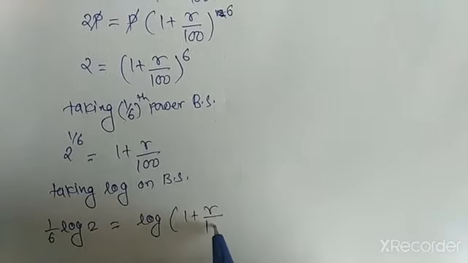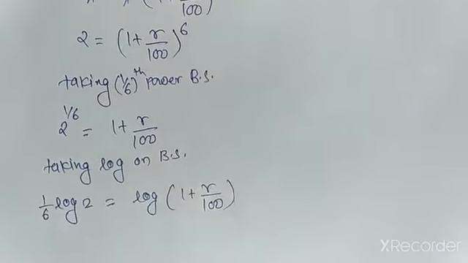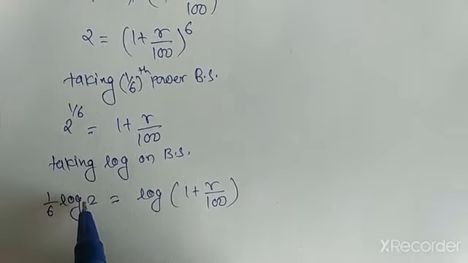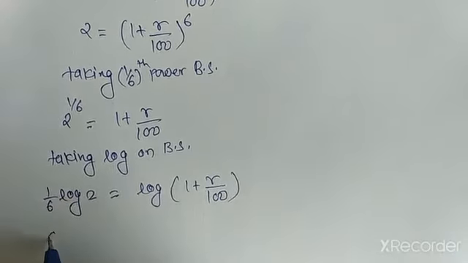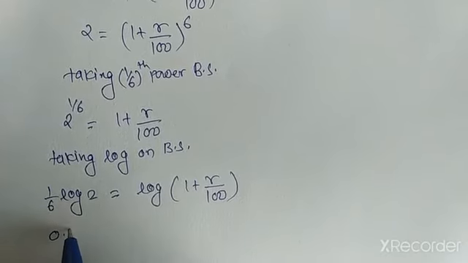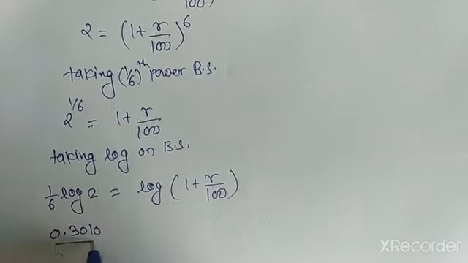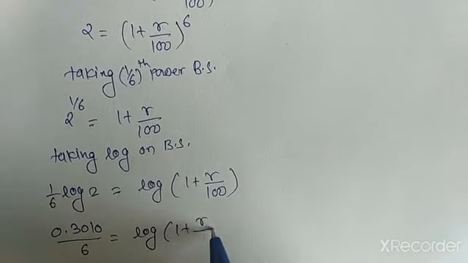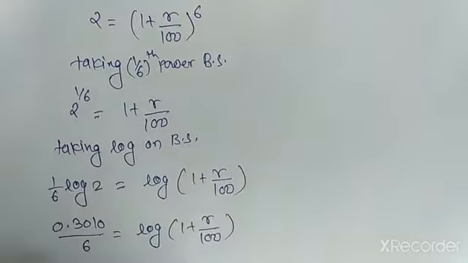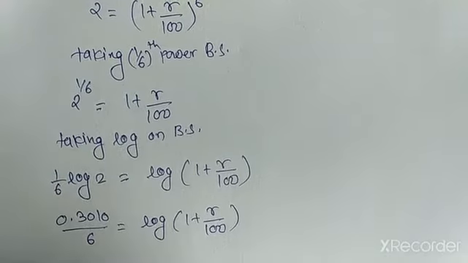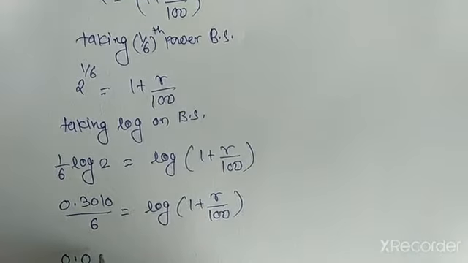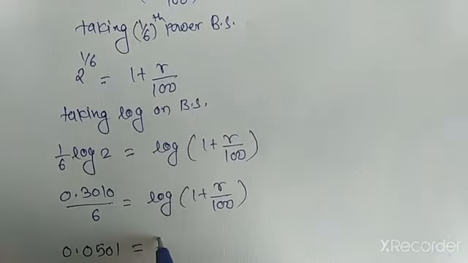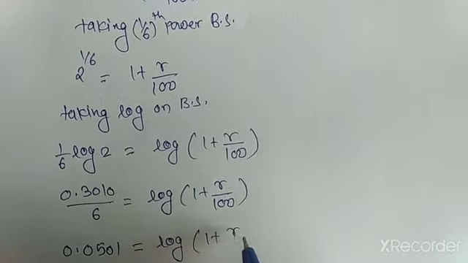Okay, now log 2 value is, log of 2 is 0 point, characteristic is 0, 0.3010 divided by 6 is equal to log of 1 plus r upon 100, which will give, its calculation will be 0.0501 is equal to log of 1 plus r upon 100.